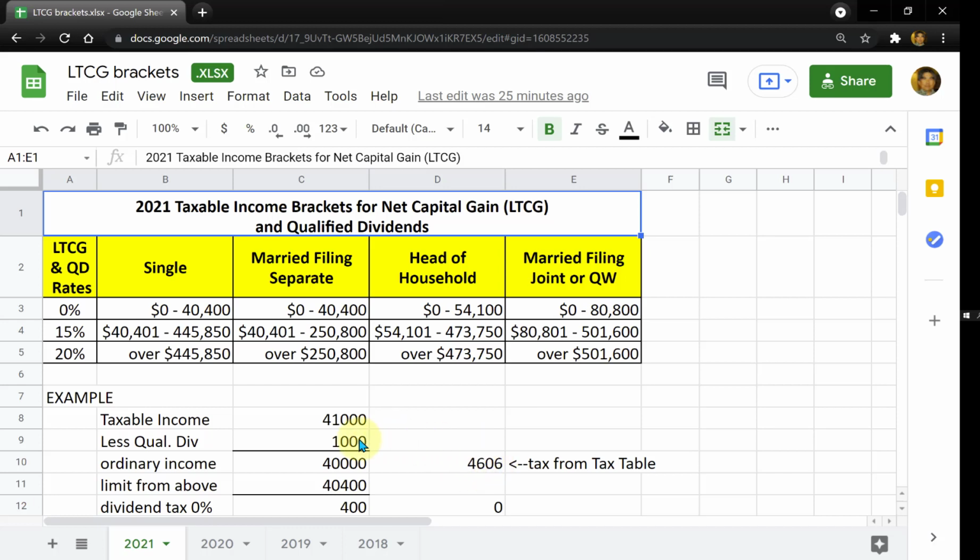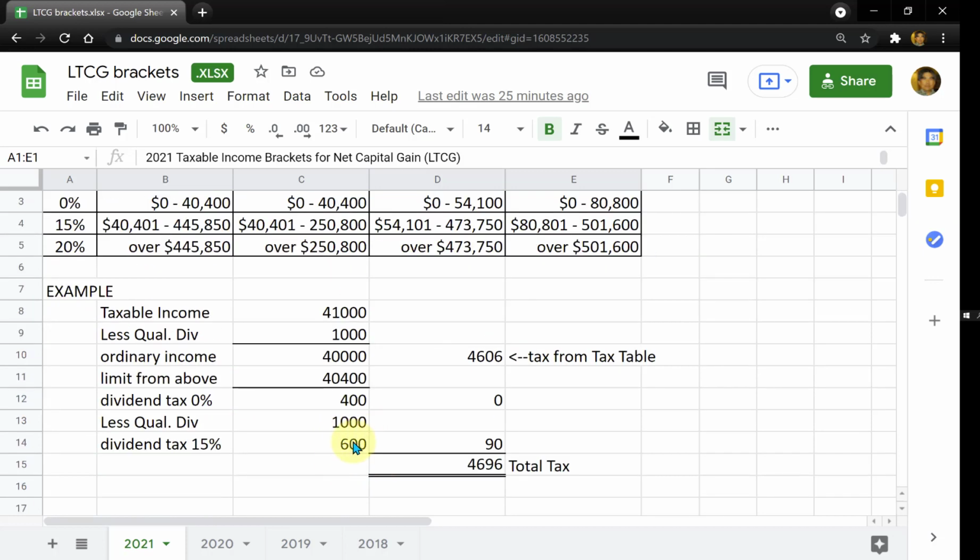Now this $1,000, because we can go up to $400 more, 400 of this 1,000 will be taxed at zero. And then the rest of the dividends, $600 more in dividends, will throw you over into the next bracket of 15%.